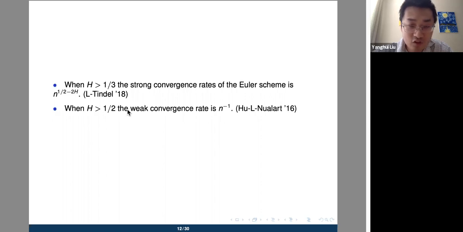But if we assume a stronger condition on the system, and in a different way, with some new idea, we might be able to get the convergence. But so far we don't have the strong rate below 1/3.